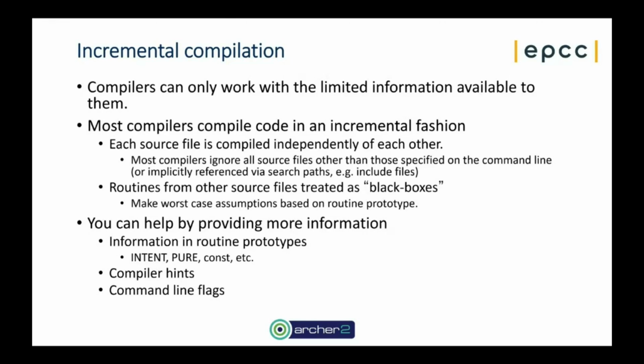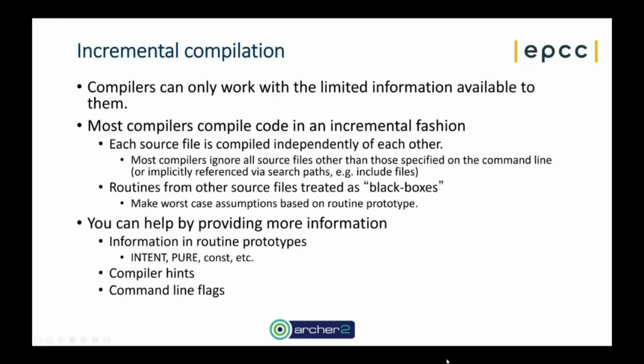That's because it's very hard, particularly for big programs, for the compiler to keep the information of a whole large program in its memory all at once. And so that can also introduce some inefficiency in the optimization it can do. There are ways to help with this and maybe let the compiler do a bit more optimization if it sees more code than just a single file.